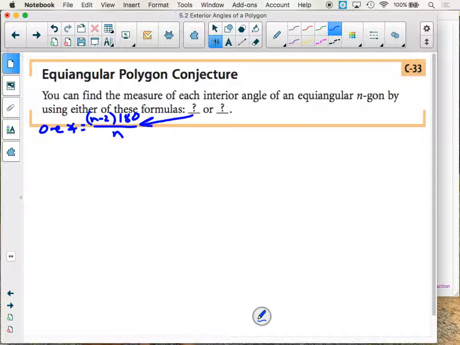So I'm going to draw a little bit of a picture of some kind of a polygon that I have. The other sides I won't draw in. Here's my exterior angle. I know its measure is 360 divided by n. Well, do you notice that the exterior angle and its interior angle form a linear pair, thus supplementary? So then the interior angle is 180 minus the exterior angle.